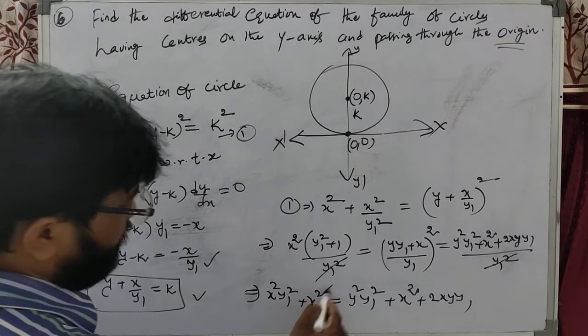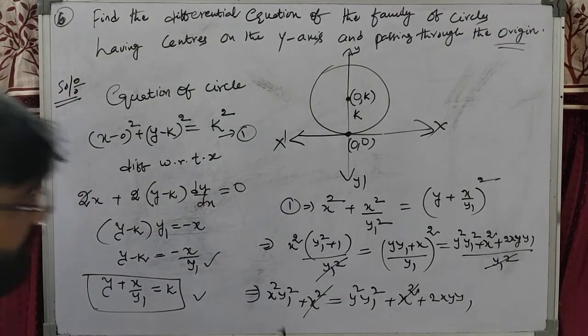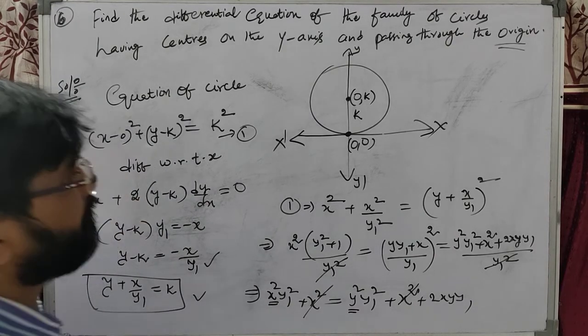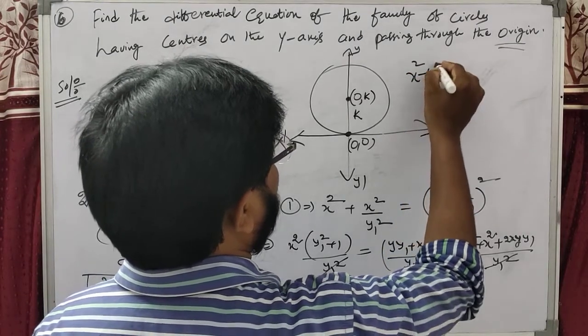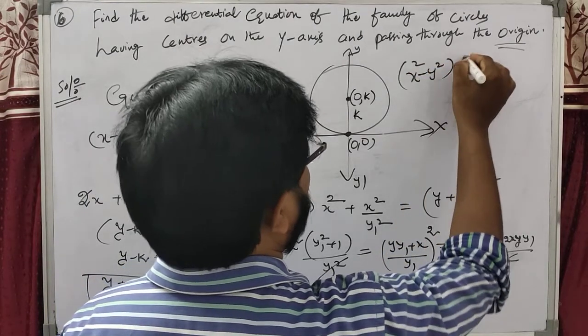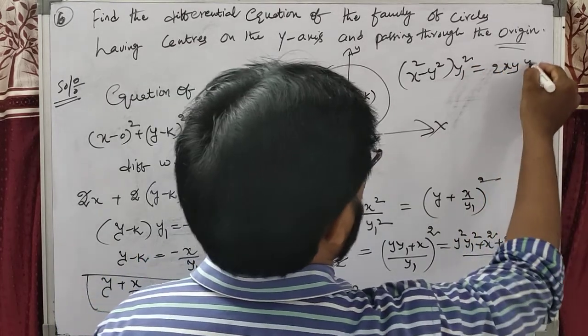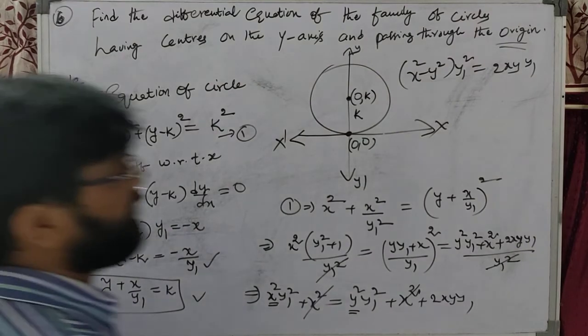Okay students, this is x square cancel. Now each term, here x square is there, here y square is there. Now the x square minus y square into y1 square, the 2xy y1. And also on both sides one time y1 cancel.